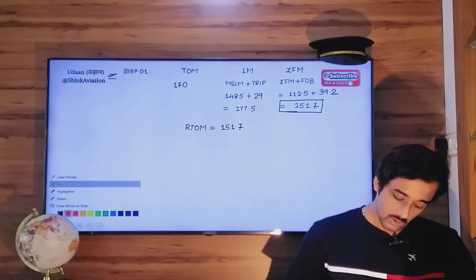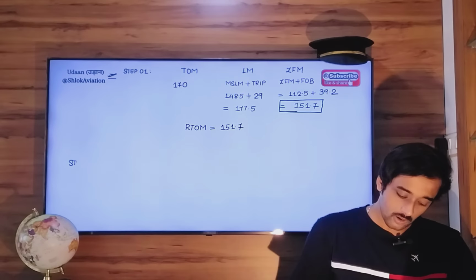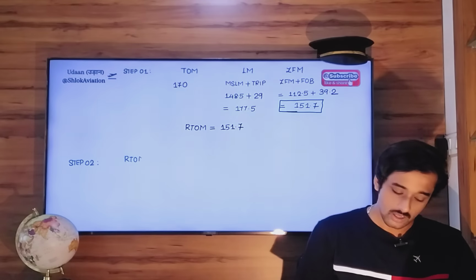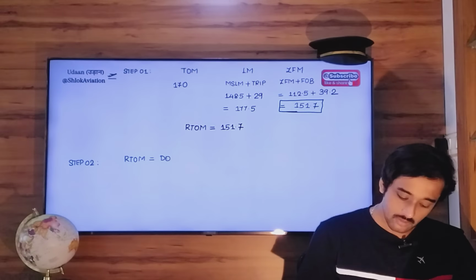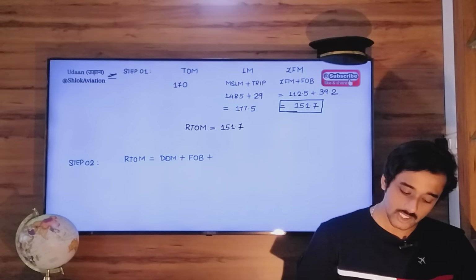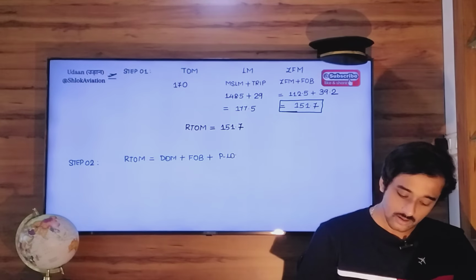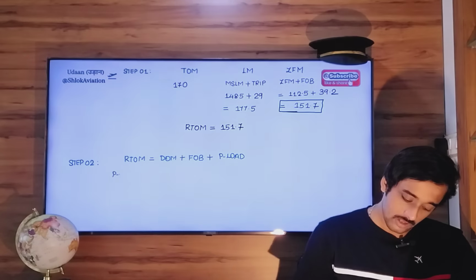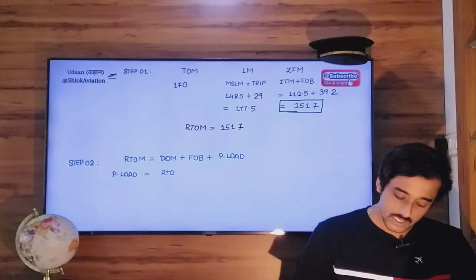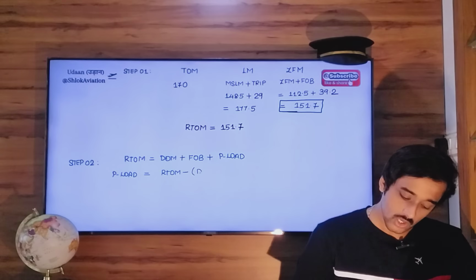Step number 2, use the formula regulated takeoff mass equals dry operating mass plus fuel on board (takeoff fuel) plus payload (traffic load). So payload will be equal to regulated takeoff mass minus DOM plus fuel on board.